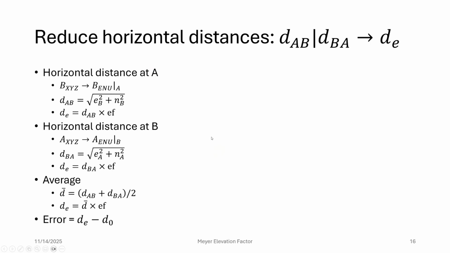So let's start with the horizontal distance from A to B. We will get B's XYZ coordinates and convert those to east, north, up in A's coordinate system. Then the horizontal distance from A to B is just the easting of B squared plus the northing of B squared.